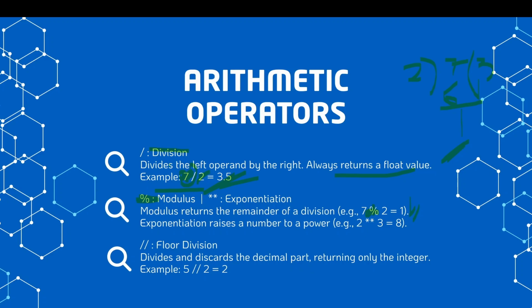As we have talked about the modulus operator, and how we get the remainder using the modulo sign, now we are going to talk about exponentiation, the raise to the power sign in Python, which we write by using two asterisks consecutively. As you can see, we are using two asterisks.